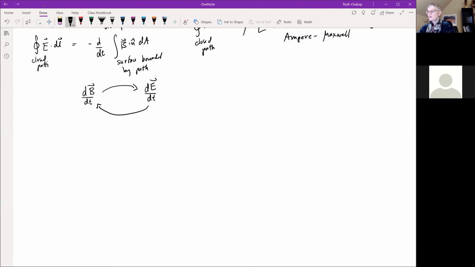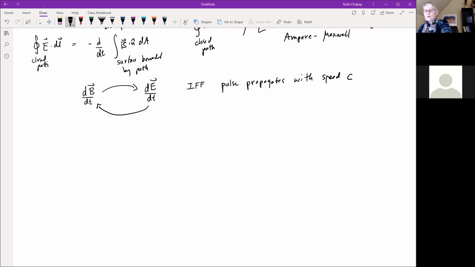And so these fields could sustain each other traveling through space, and indeed that is an electromagnetic wave. And we found that it was if and only if this pulse propagates with speed c, where c is the speed of light.